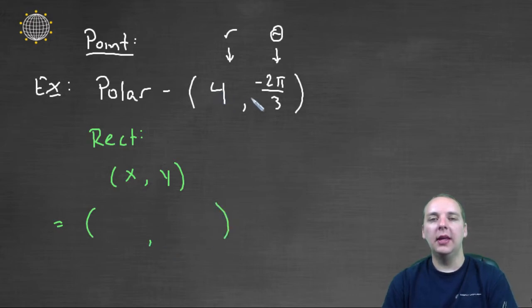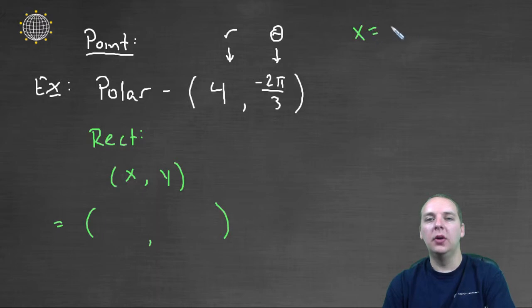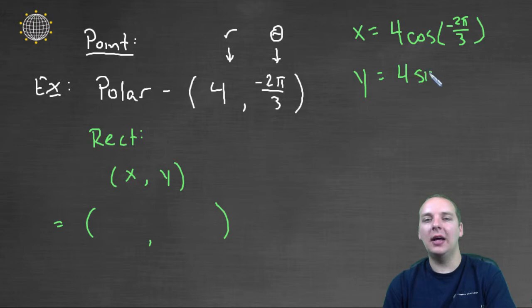For the x, I remember that the x was equal to 4 times the cosine of theta, which in this case is negative 2 pi over 3. And the y would be equal to 4 sine theta, or 4 sine negative 2 pi over 3.